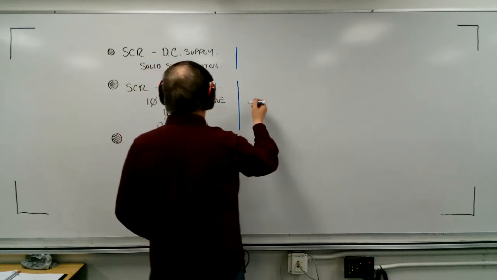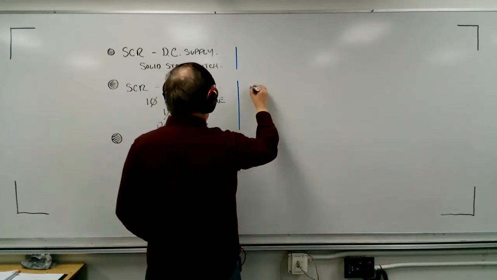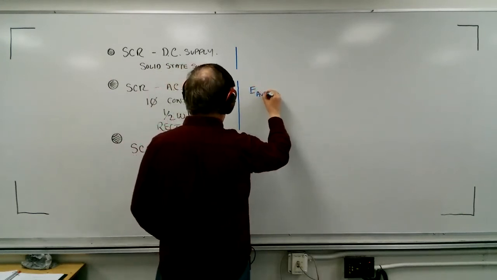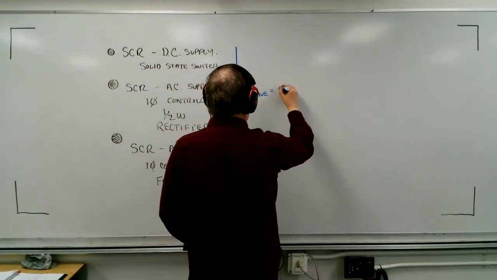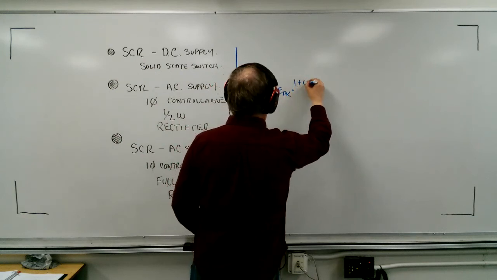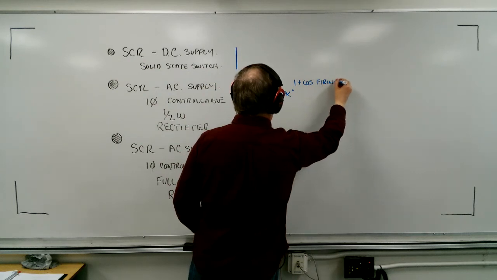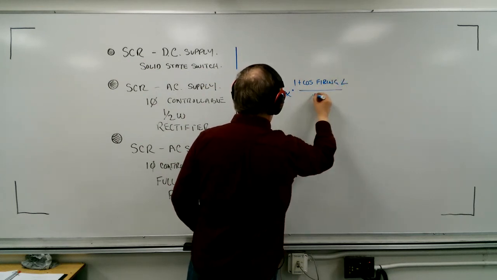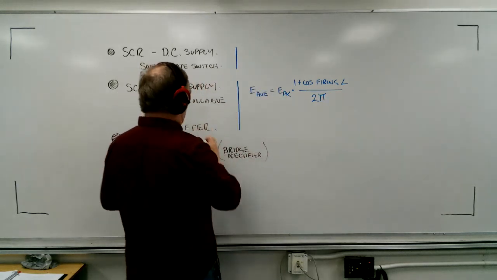And remember, the formula for finding E average was equal to E peak times 1 plus the cosine of the firing angle, divided by 2 pi, okay? And that gave you the load voltage.